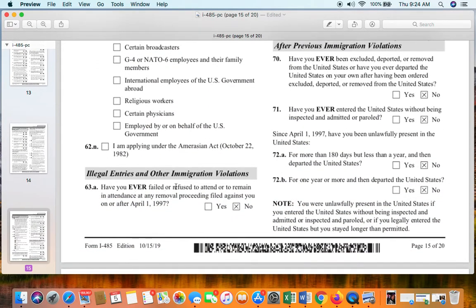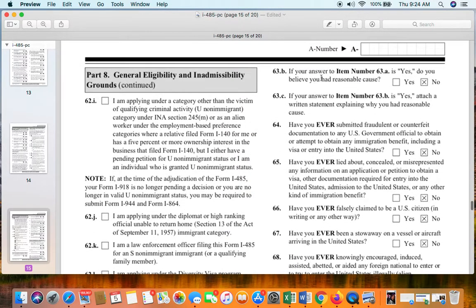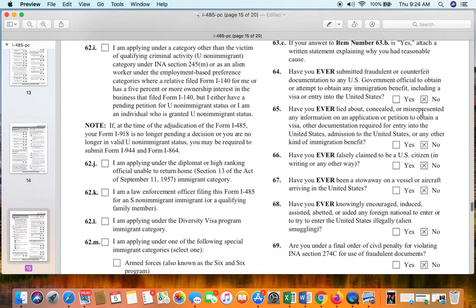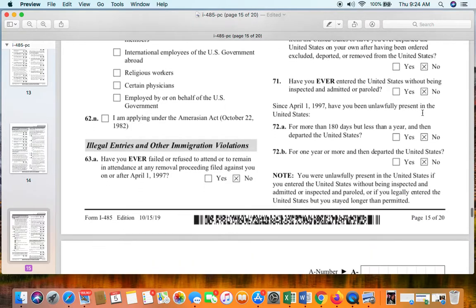If you have ever failed or refused to attend or remain for any removal proceedings, put no. So right here everything is no, not applicable to my K2 or derivative applicant.